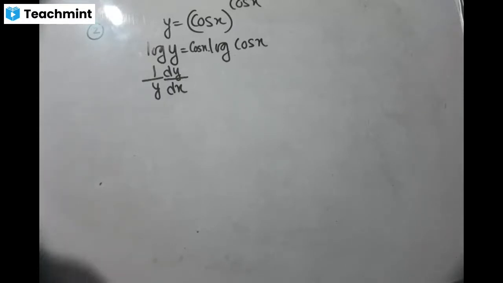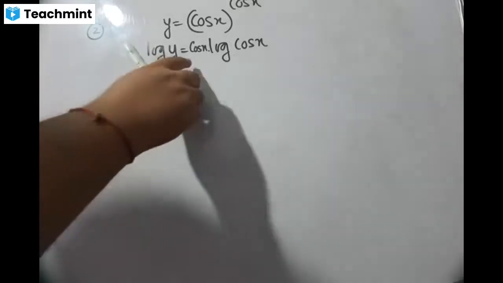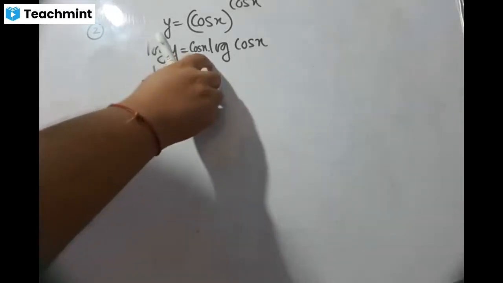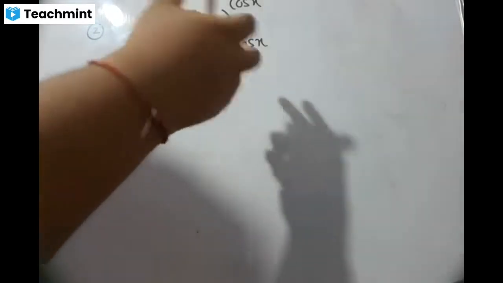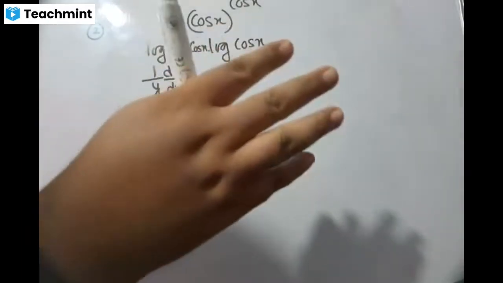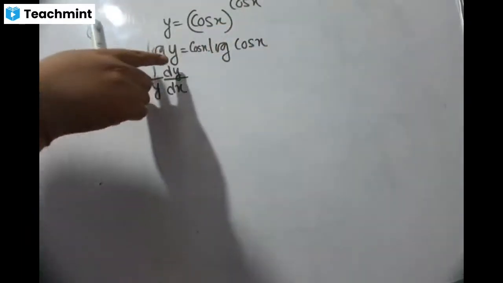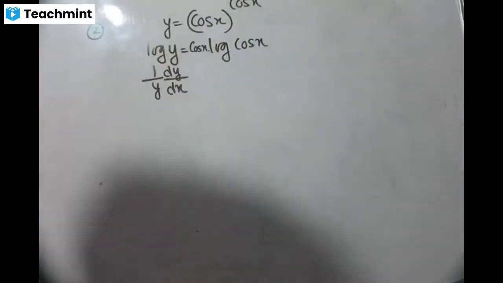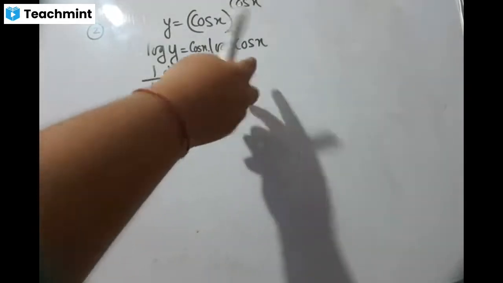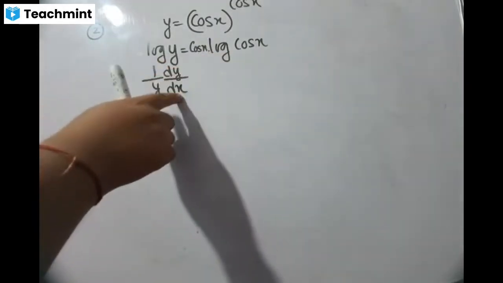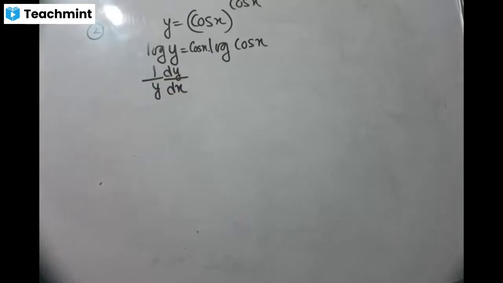If the variable is the same as the one you are differentiating with respect to, for example x, then for all the formulas you put for x, you are not going to write d by dx. But for y, you are going to write dy by dx. Why? Because dx by dx cancels, so you don't have to write it. But this is y with respect to x, so we have to write dy by dx.